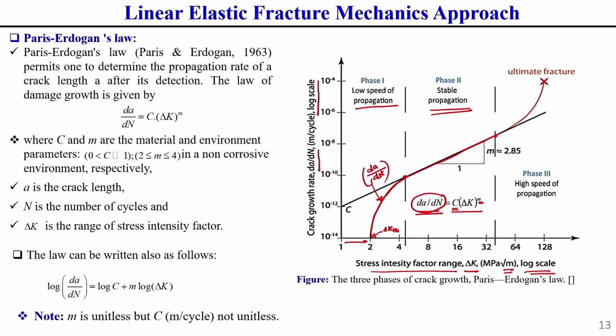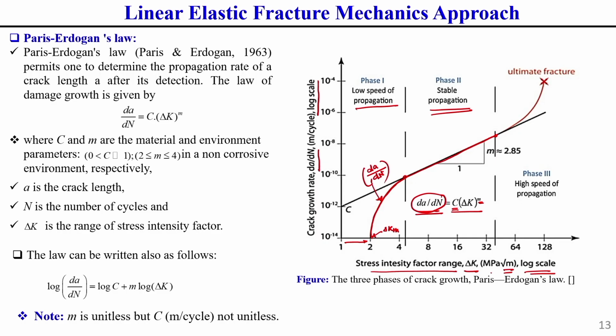These are called material constants. These material constants, C and m, we can find out experimentally, and delta K is the stress intensity range, which is represented on the abscissa or horizontal axis. This relationship was proposed by Paris and Erdogan. That is why it is called Paris law.